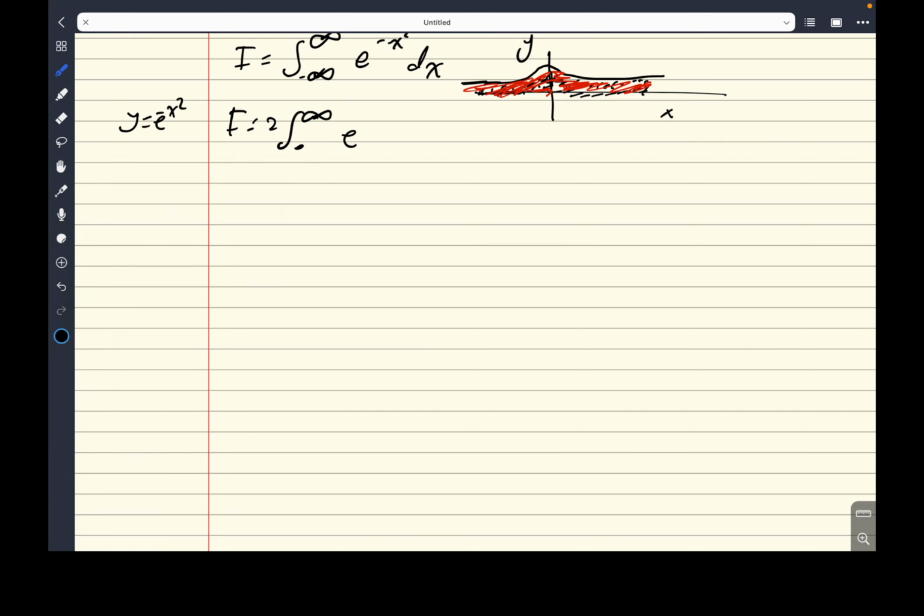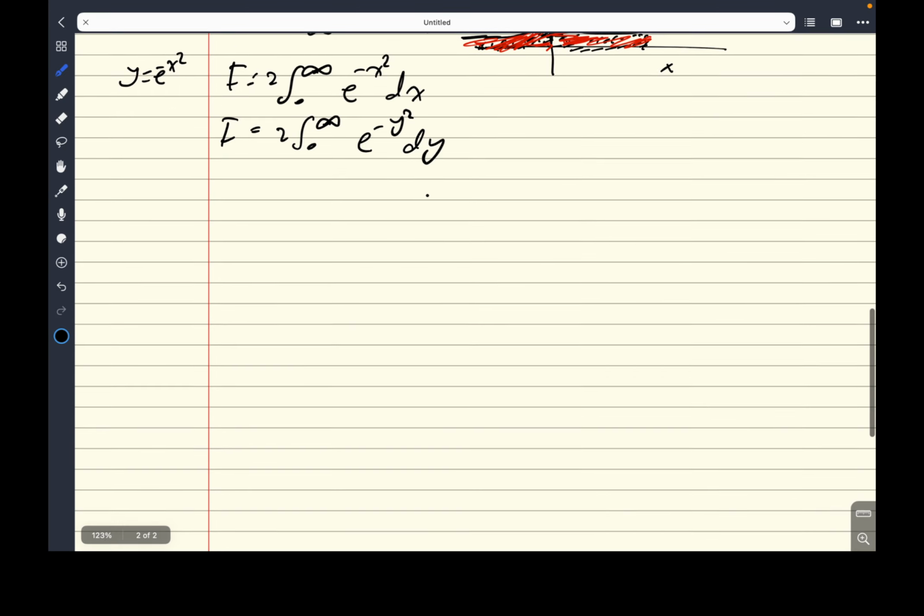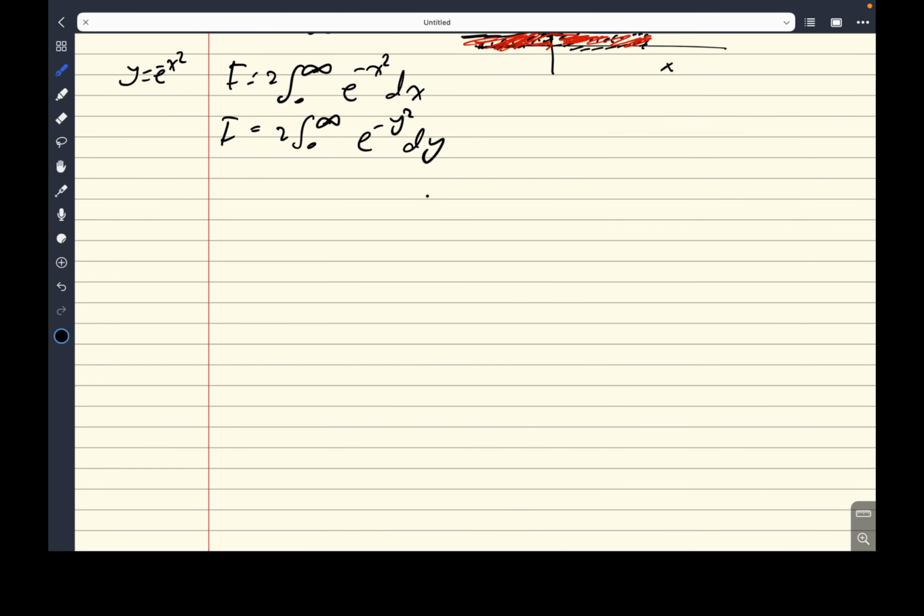So we're gonna say I equals 2 times the integral of e to the negative x squared dx, and we're gonna define another function also to be e to the negative y squared dy. We want to use a smart trick here to manipulate the algebraic notations of this integral and see how we can get a better result.